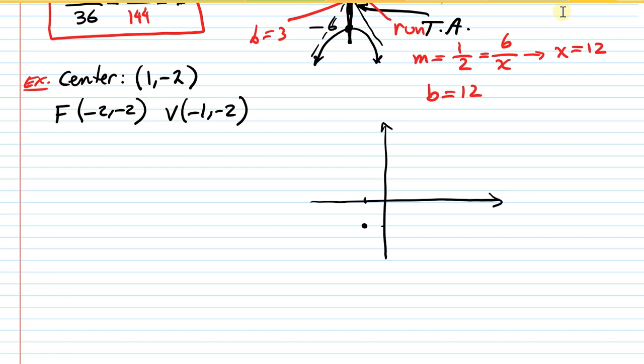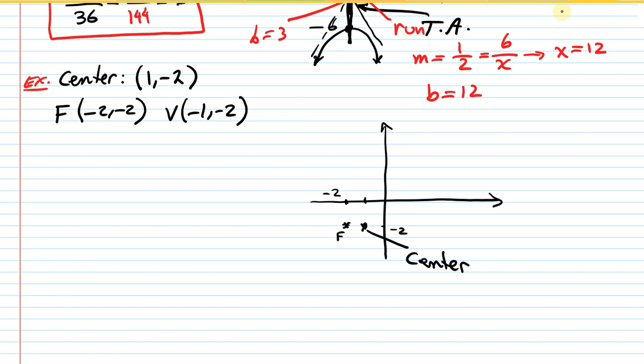The focal point is at (-2, -2). This is where F is. This was the center, and (-2, -2) is the focal point.